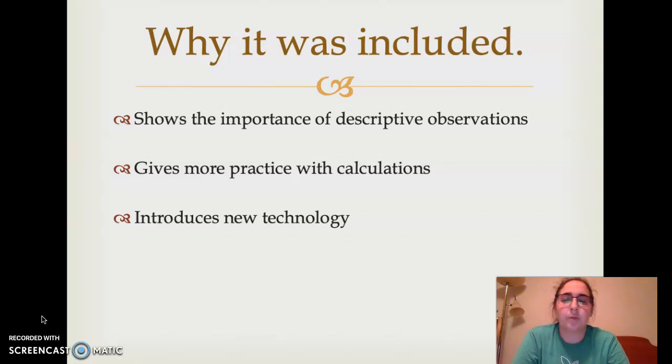We'll discuss it in class, they'll do some practice, and then this lab gives them a second chance to actually interact with the stuff that they're performing calculations for. The third thing was it introduces new technology. We're taking the Vernier equipment that we have, but we're adding the pH probes to that and how to properly use and store them.